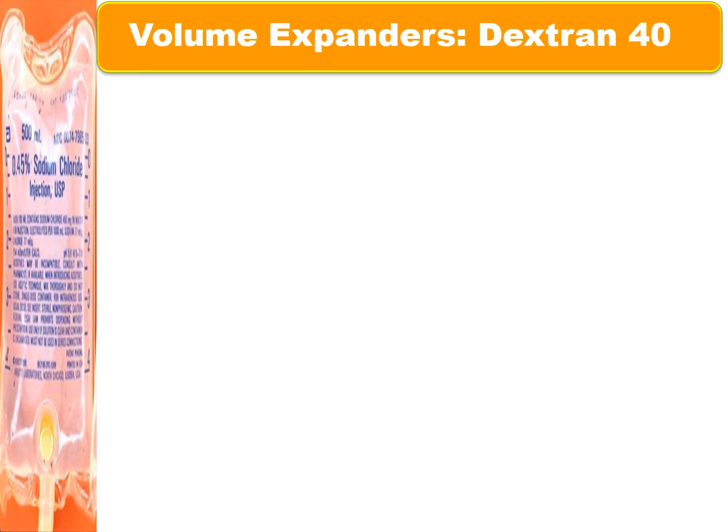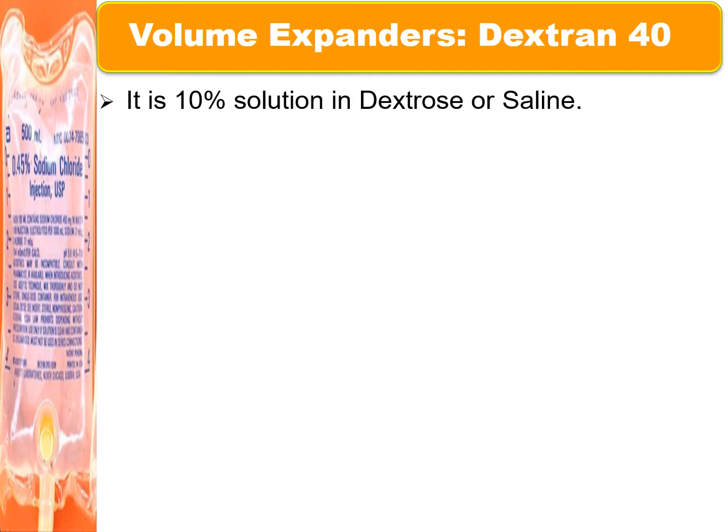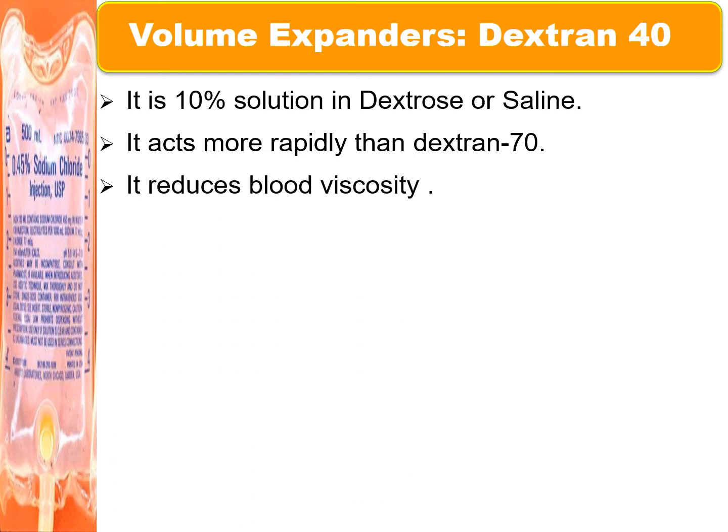Then the second type of dextran preparation is dextran 40 as a plasma volume expander. Dextran 40 is a 10% solution in dextrose or saline. Dextran 40 acts more rapidly than dextran 70 and reduces the blood viscosity.